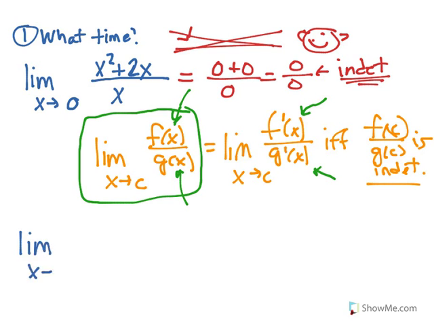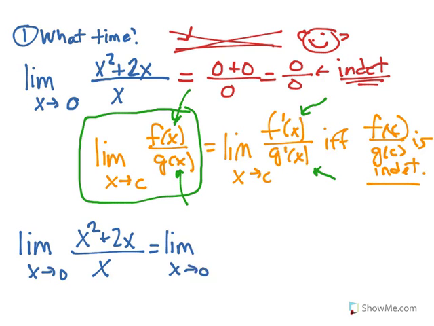Limit as x approaches 0 of x squared plus 2x over x. Instead of putting in 0, I get indeterminate form, 0 plus 0 over 0. I'm going to keep the word limit as x approaches 0.